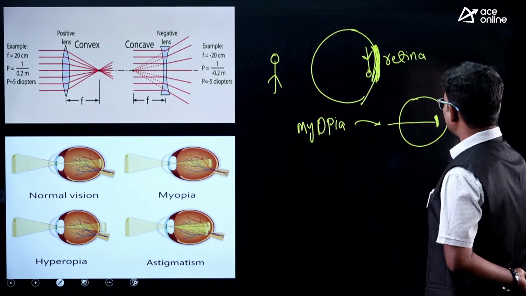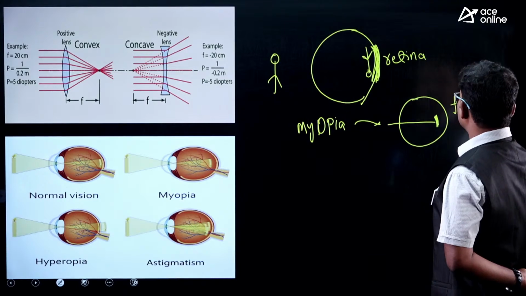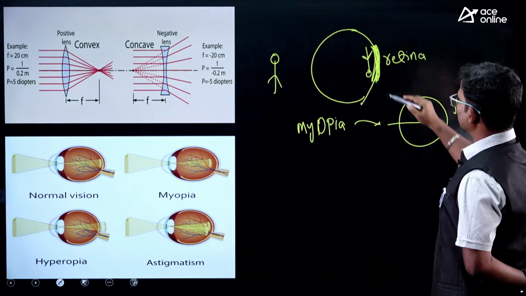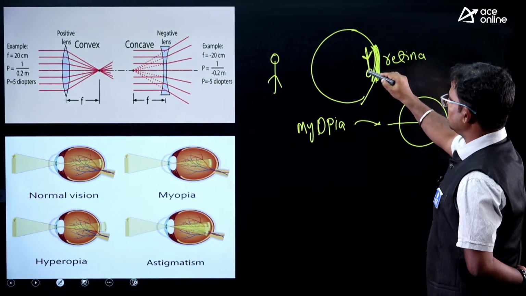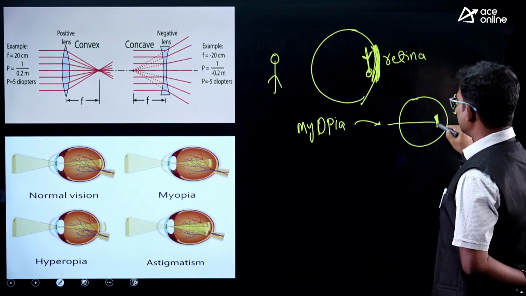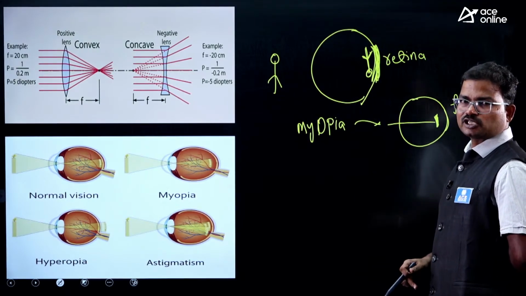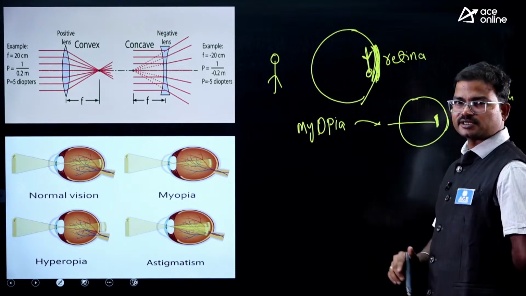It means the focal length mostly decreases. Actually, this is the position of the image, but here the image is placed here, not on the retina. It means the focal length value is reduced. These are the most important questions.